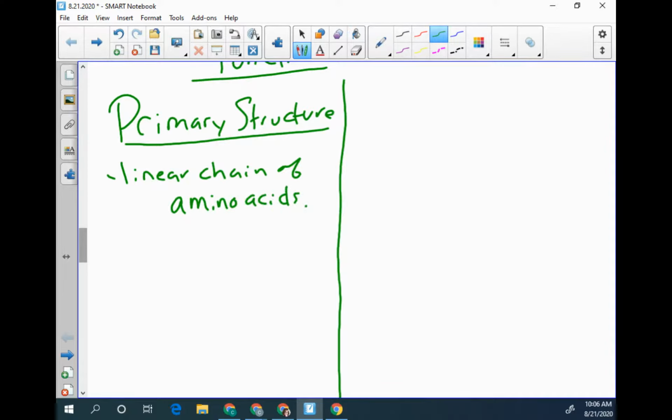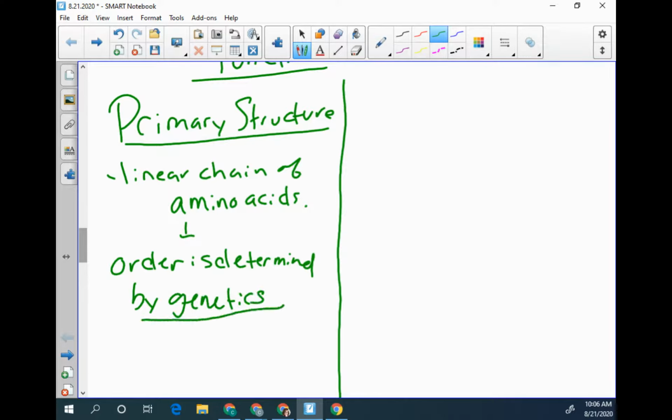So the number and order of amino acids is our first level of defense for our protein shape. That order is determined by genetics.